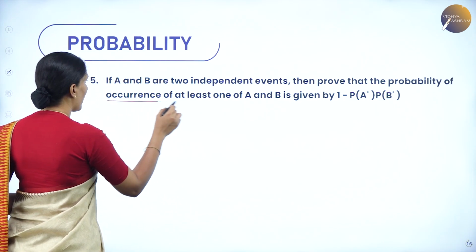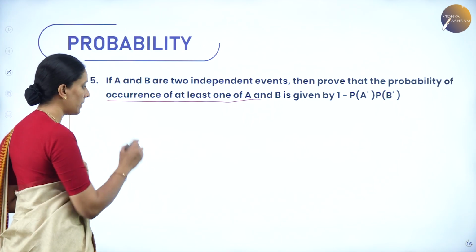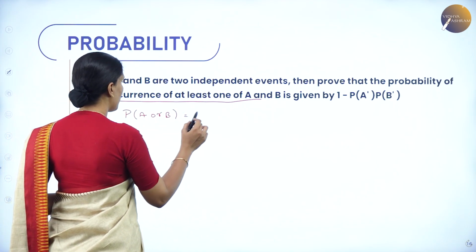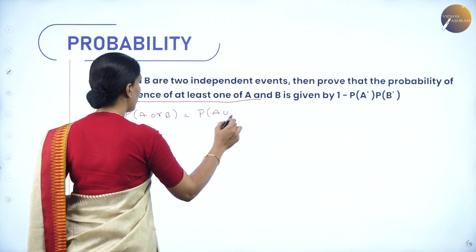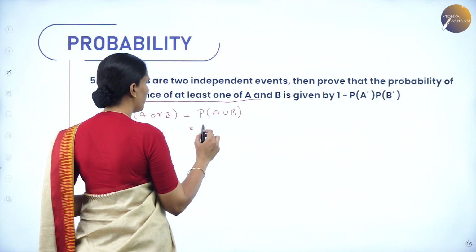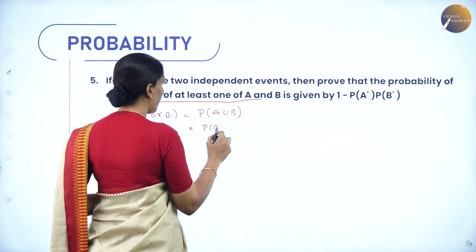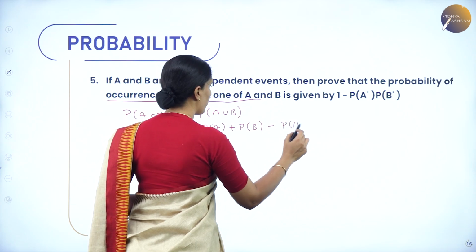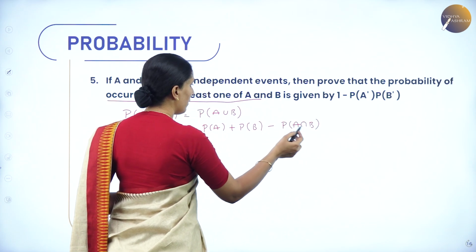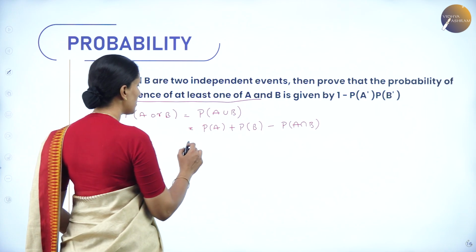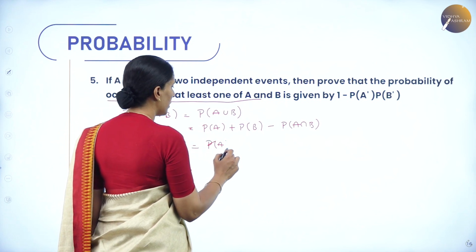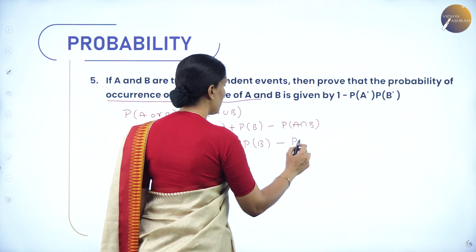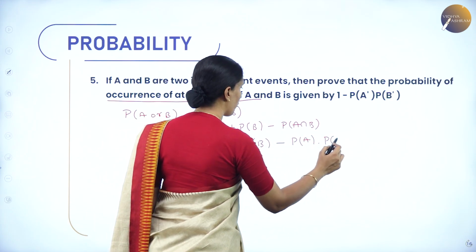So, probability of occurrence of at least one of A and B means it is P of A or B, which is nothing but probability of A union B. So that is equal to probability of A plus probability of B minus probability of A intersection B. They have given A and B are independent events. So therefore here, instead of probability of A intersection B, we can write P of A into P of B.